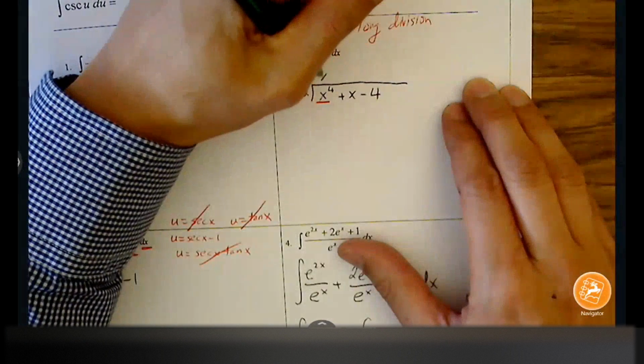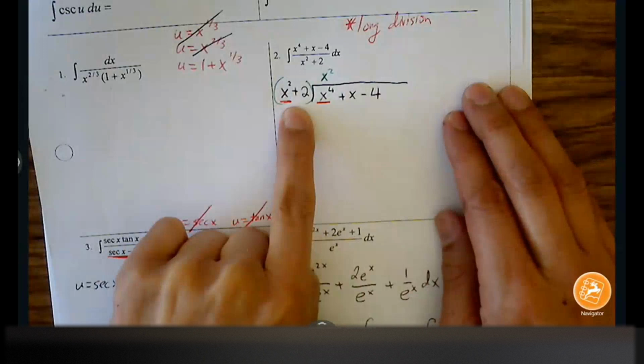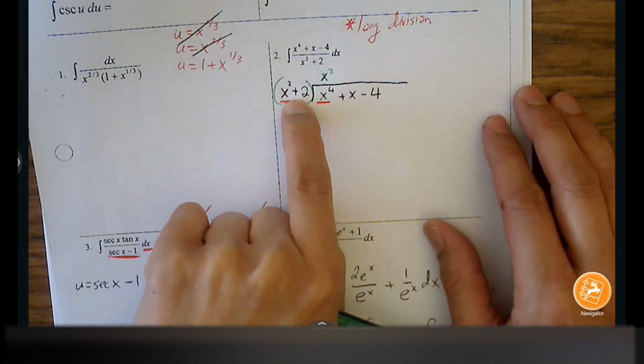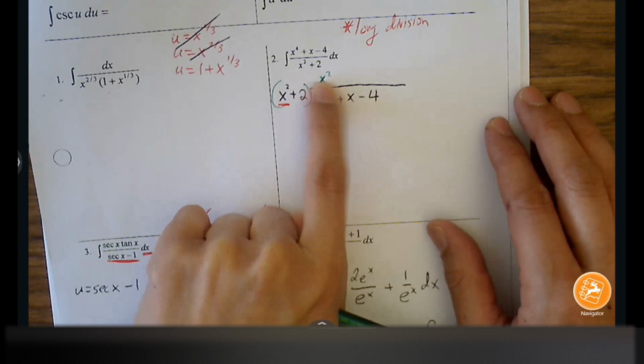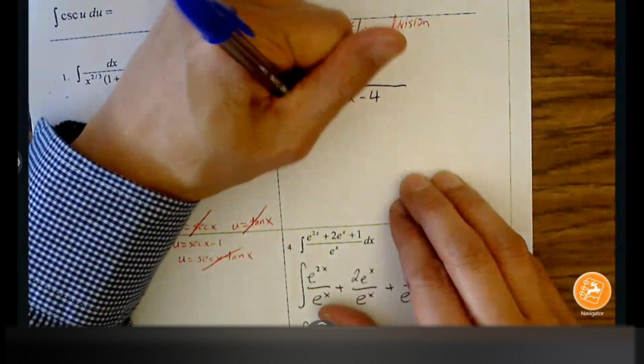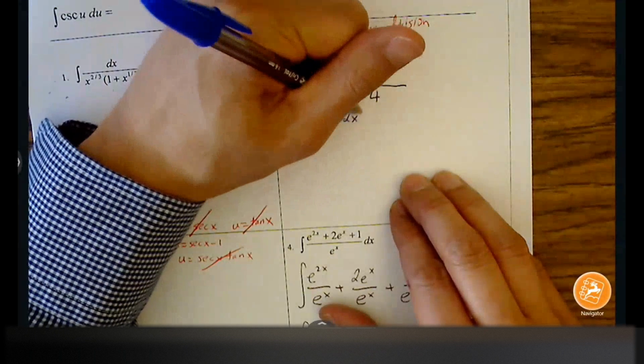So I put x squared up here. And I think it's helpful to protect your divisor with a set of parentheses so you can remind yourself to distribute that through. X squared times x squared is x to the fourth. 2 times x squared is 2x squared.